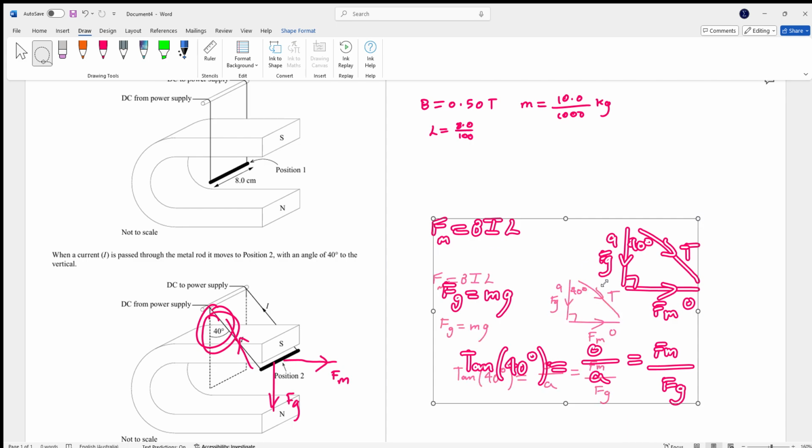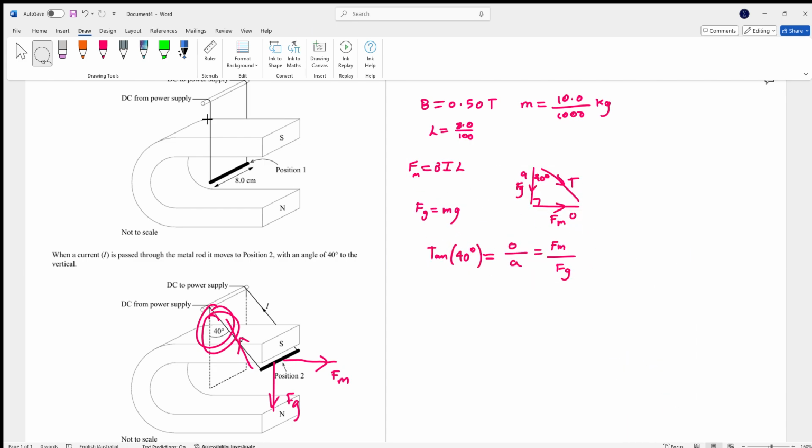Let's move that there. Okay. So here, we also have the acceleration due to gravity, which is 9.8 meters per second squared. So here we can chuck all this information together. I would write tan 40, which gives you 0.839, equals, and then the top bit BIL over mg, and now we want to get the current by itself.